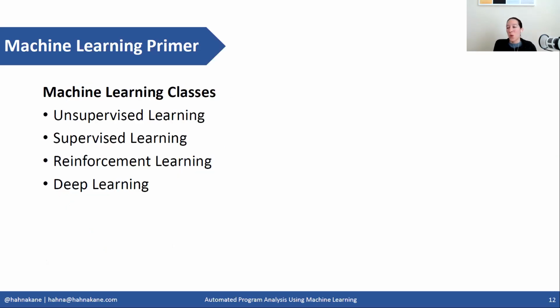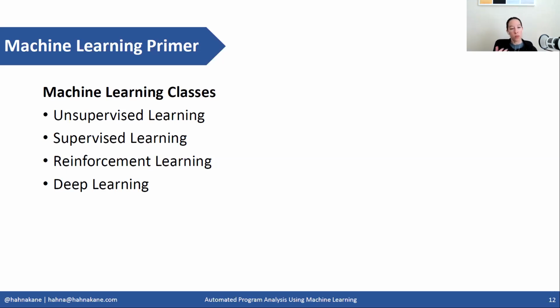All right, so with that, we're going to continue to pull the layers back on machine learning. So there's 4 well-known, well-used classes of machine learning. You have unsupervised, supervised, reinforcement, and deep learning. In this workshop, we're going to touch upon unsupervised as well as supervised.